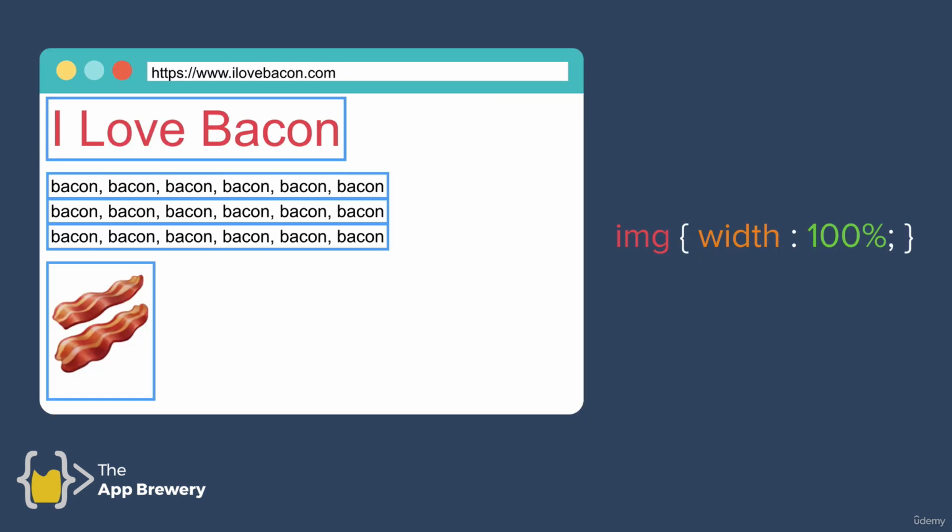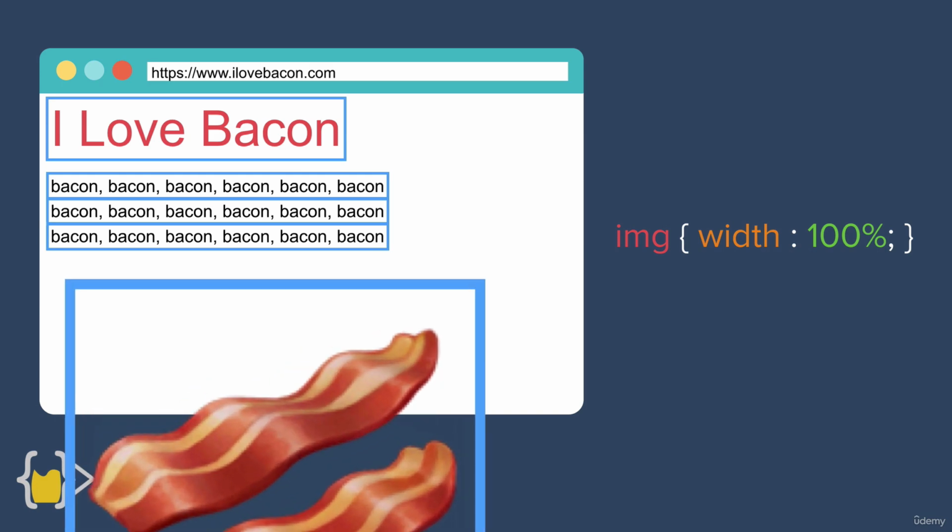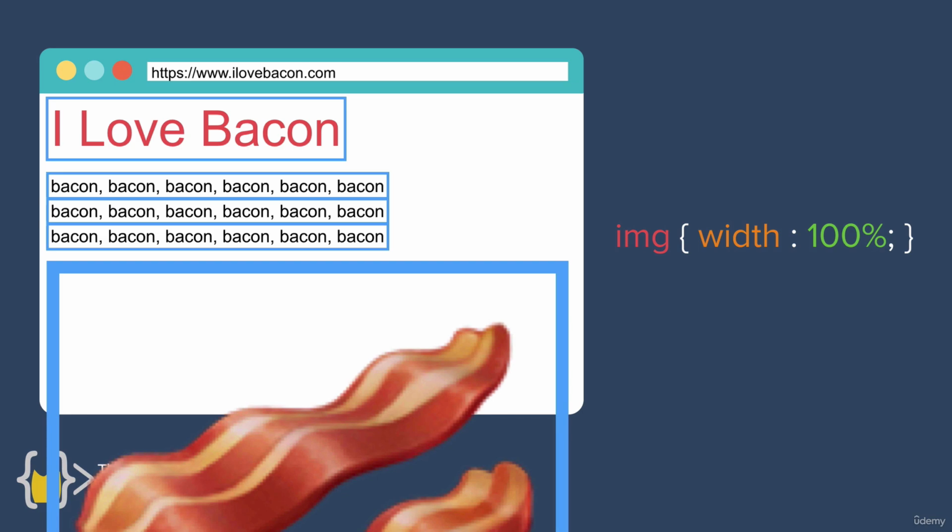So, for example, if we specified a CSS rule that targeted all the images on this I Love Bacon website to say that it should have a width of 100%, all that's going to do is change the width of that box to 100%, and in the process scale up our image so that it expands to fill the entire width of our screen.